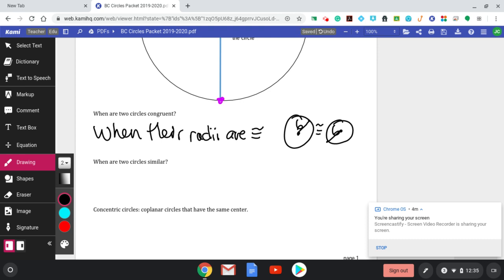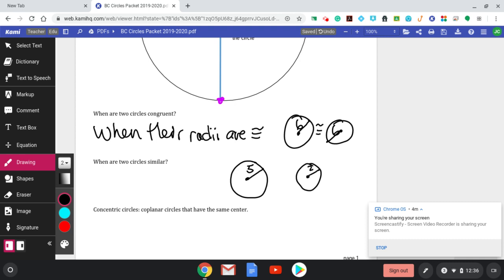All right, what about if they're similar to each other? Well, what do we know about similar? We know corresponding lengths are in the same ratio. Well, think about a circle. What are really the only lengths we can measure? We can measure diameters and radii, right? So let's say one radius is 5, while the other radius is 2.